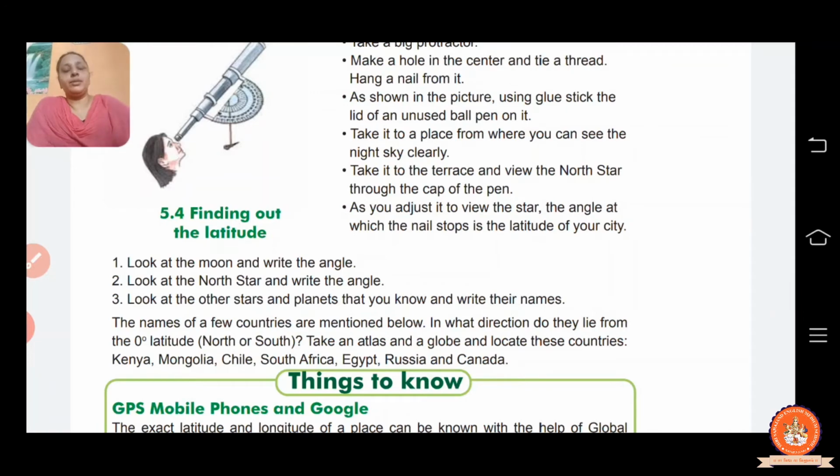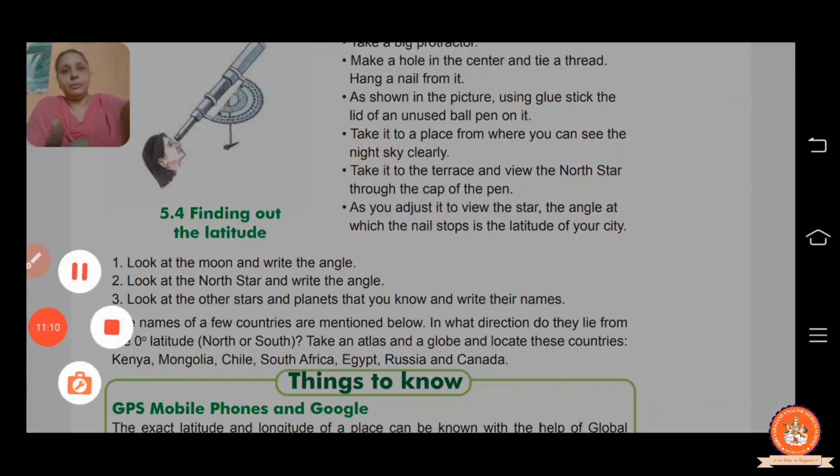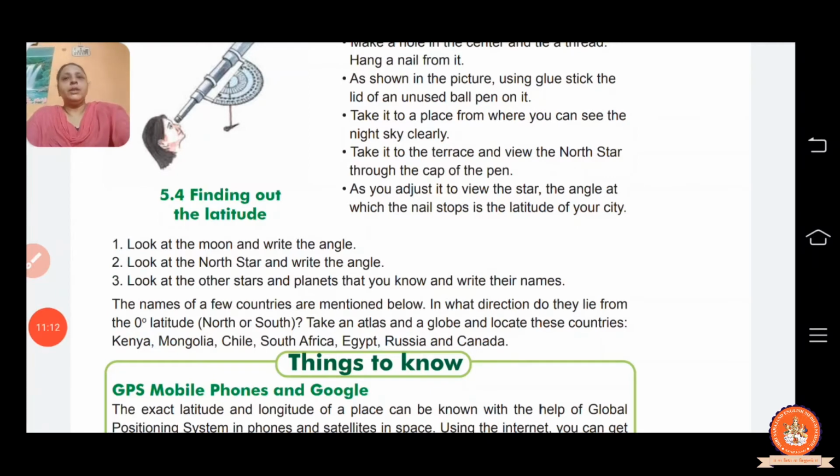Okay, here the questions are there. Look at the moon and write the angle. If you do these things, afterwards you will be able to solve these questions. This question created many questions, such as on which day the moon should be seen.